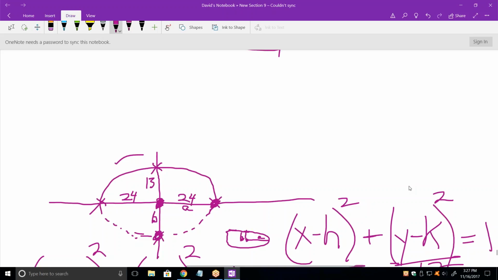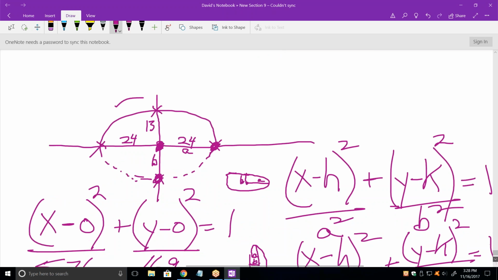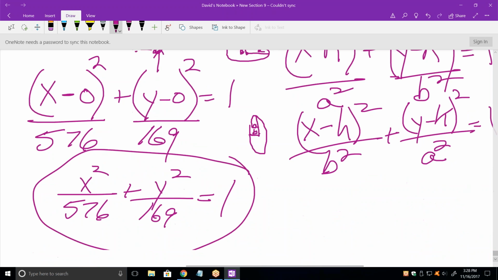And when you're doing these problems, always try to center it about the origin. The reason is that it makes your equation much simpler. Notice how much simpler our equation is when we don't have a minus h or minus k in these numerators. That's a much simpler equation to deal with, no matter what we're doing.